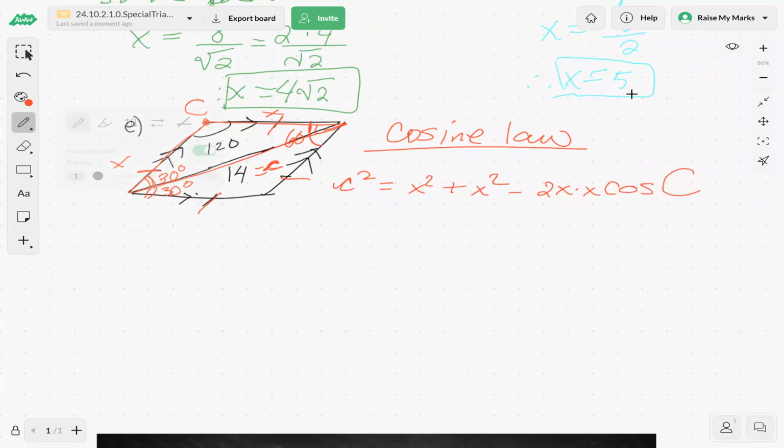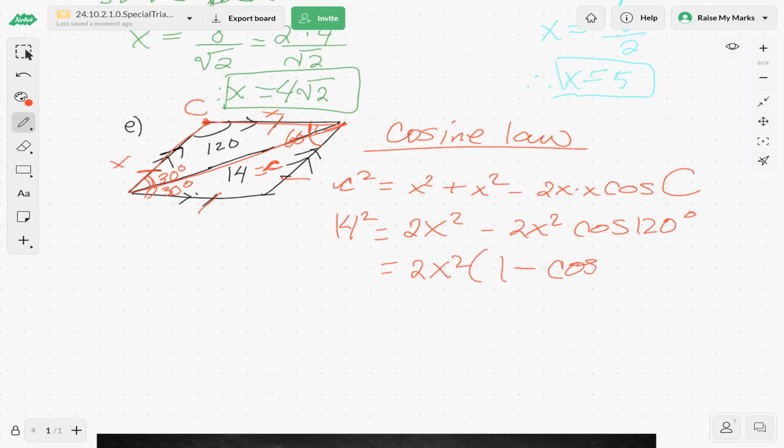Now let's plug everything in. So our side c length is 14. We don't know what x is. And we know what angle C is. It's 120 degrees. Okay, so let's factor out this 2x squared, 1 minus cos 120 degrees, and then we have our 14 squared.